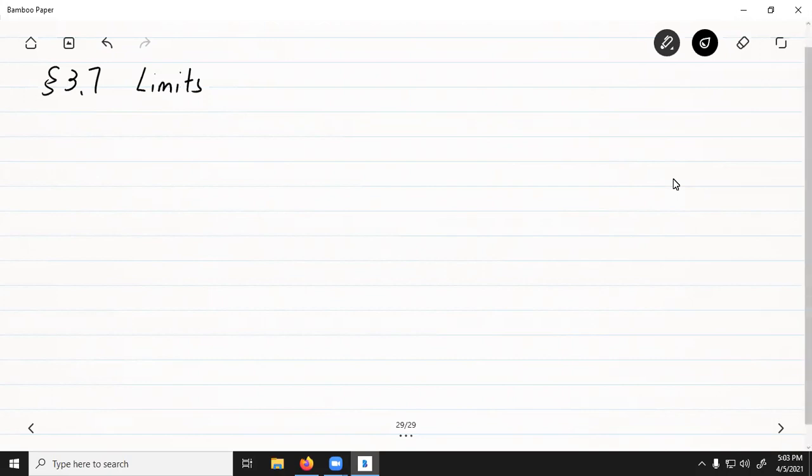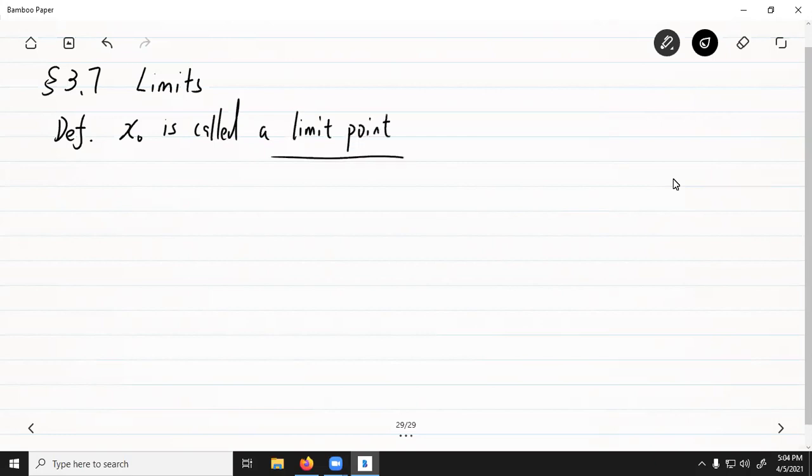So before that, let me give you some definitions. So we say that x0 is called a limit point of some set D if there exists some sequence xn.